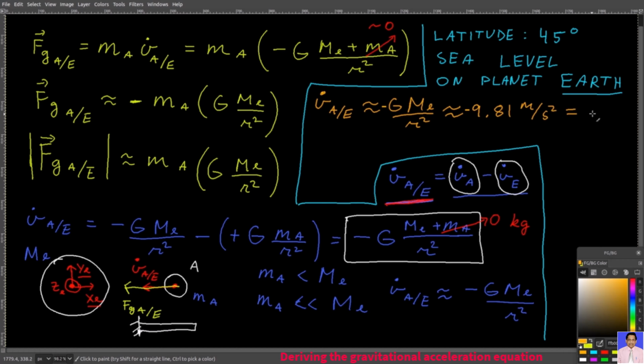And that's the famous g, or the gravitational acceleration on the surface of the Earth. And that's what we will use in our statics and dynamics problems.